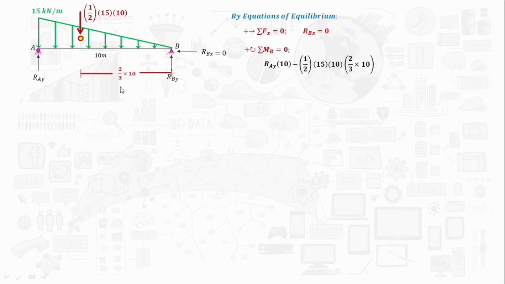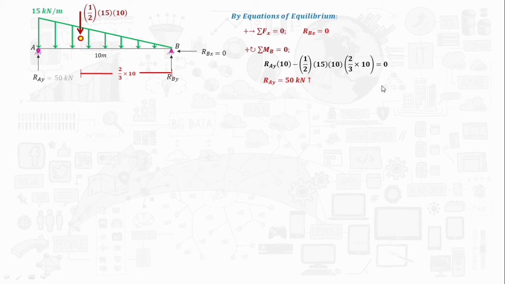So, therefore, RAY times 10 minus 1/2, 15 times 10 times 2/3 of 10. Equate natin sa 0. So, RAY is equal to positive 50 kilonewton in upward direction.